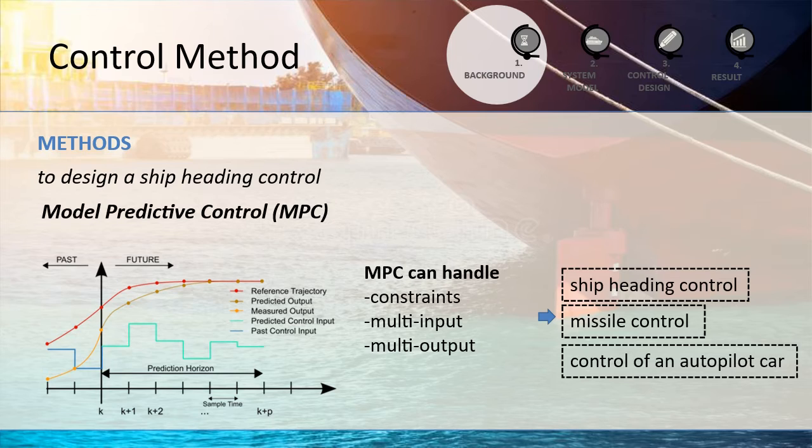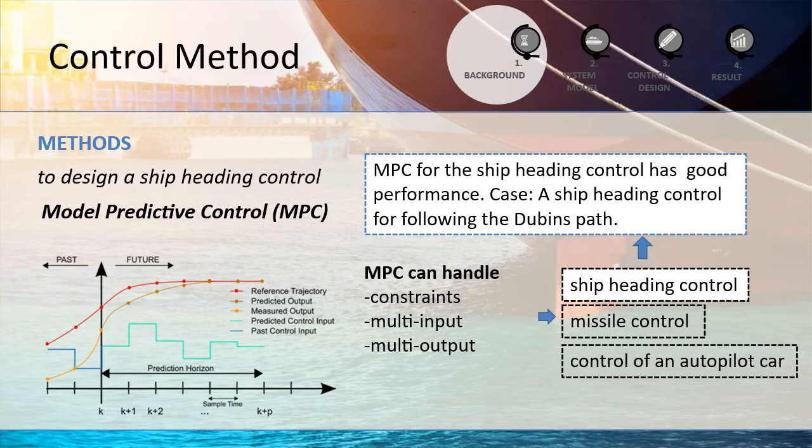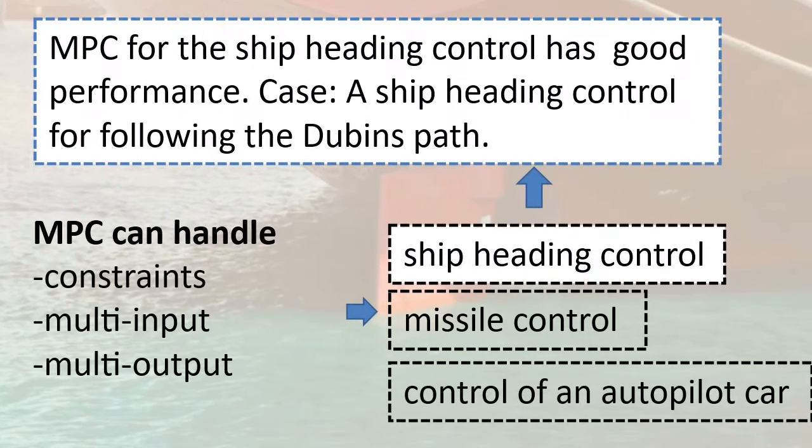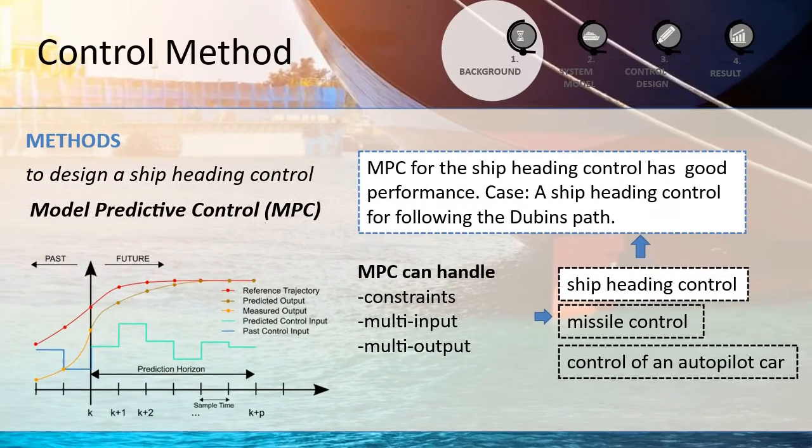These advantages have made MPC used in many fields, such as in ship heading control, missile control, control of an autopilot car, etc. Based on previous research by Asfihani et al., which is about a ship heading control for following the Dubins path, MPC for the ship heading control has good performance.